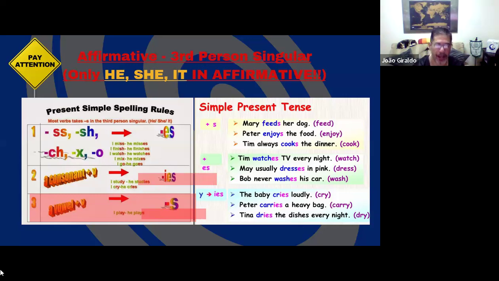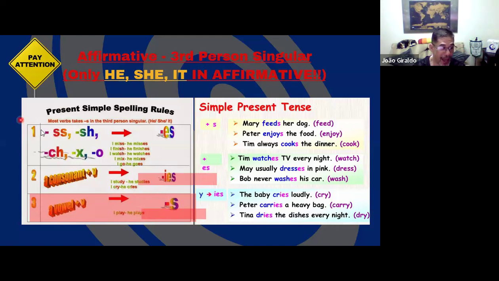And the verb here, it's mentioning the verb to play, because here we have the termination Y, the letter Y, but the preceding letter, the anterior letter, is a vowel. So when we have vowel and Y, we only add S normally, okay?